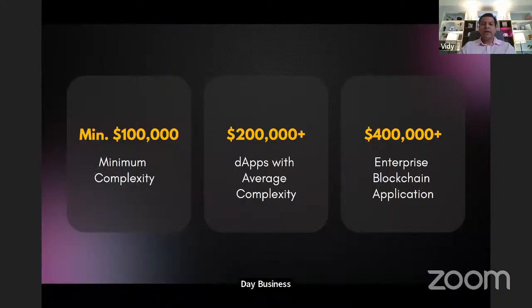In terms of the development cost, I discussed this earlier. A minimum complexity application would cost anywhere around $100,000 or a bit more than that. dApps with average level of complexity would cost around $200,000, and enterprise blockchain solutions could be $400,000 and more.